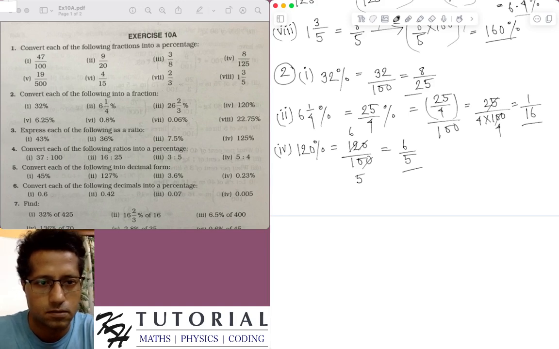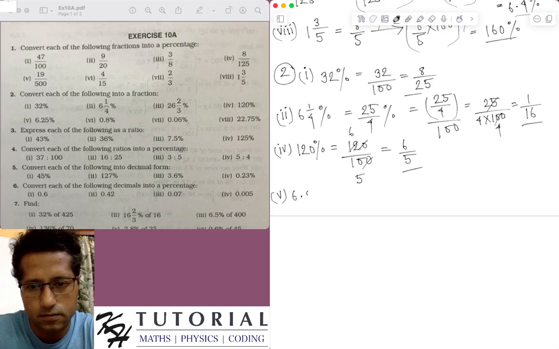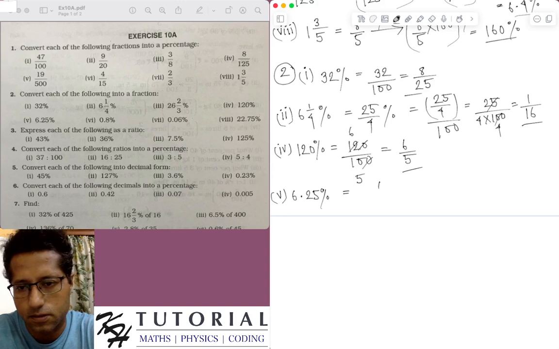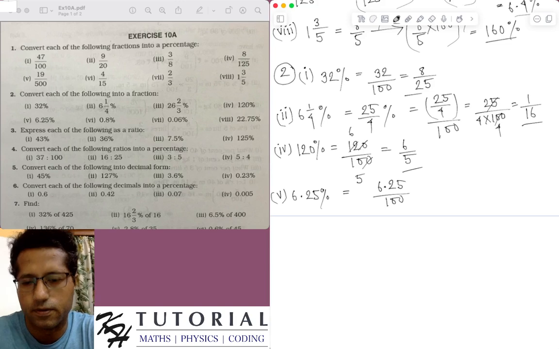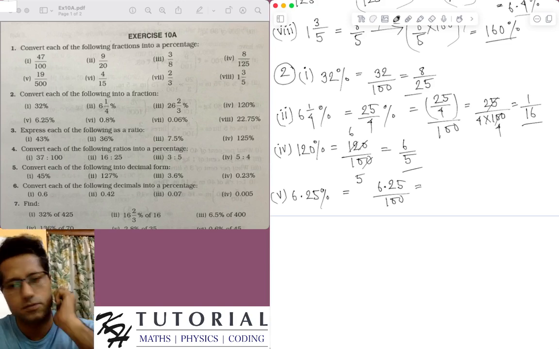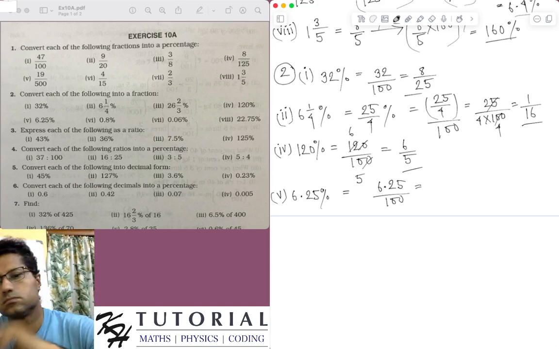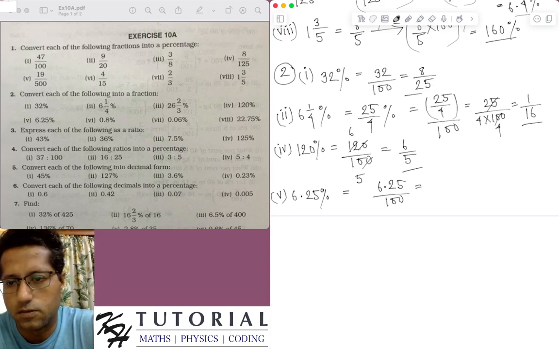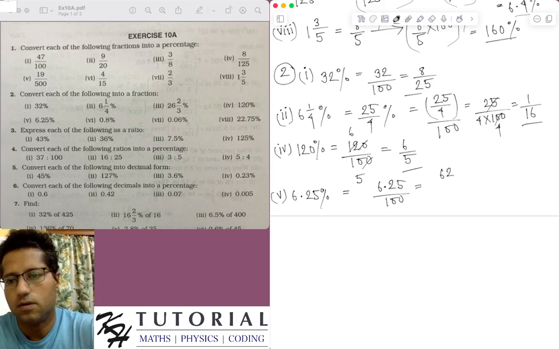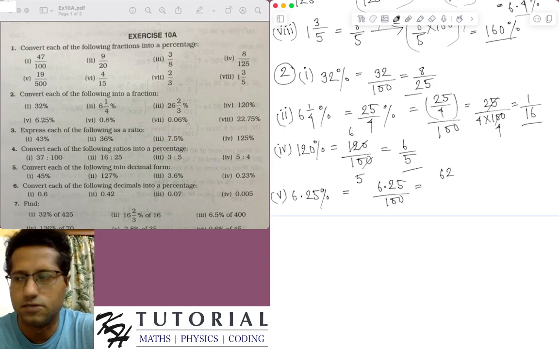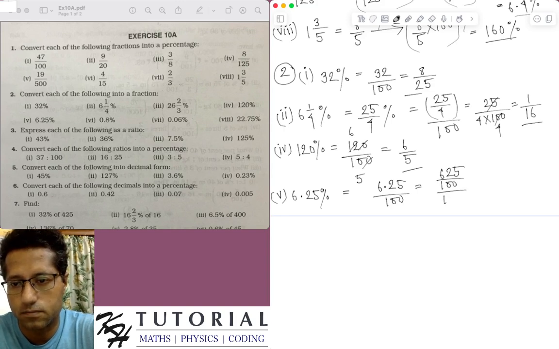Now what else? 5. Let's see, 5. 6.25 percentage. This is nothing but 6.25 divided by 100. If you convert the decimal 6.25 into fraction, this becomes 625 by 100, and we have below denominator 100.